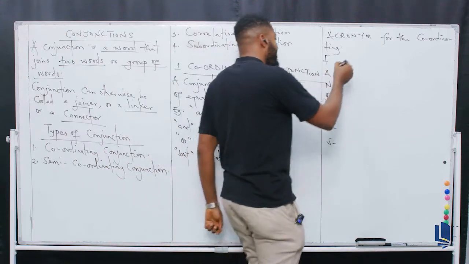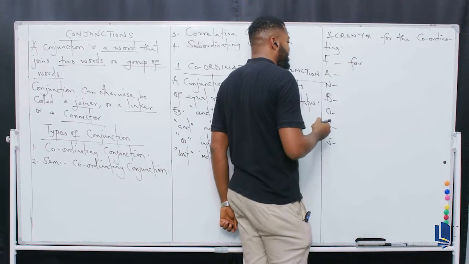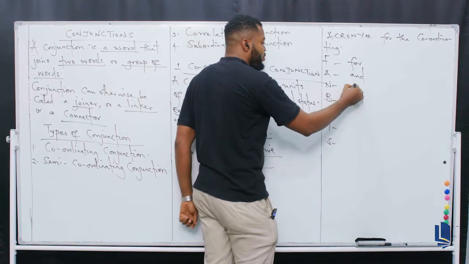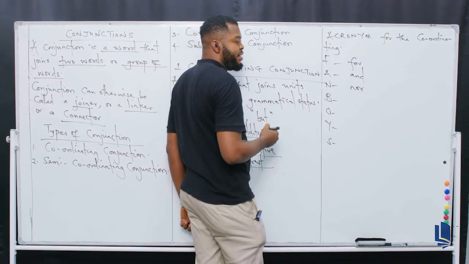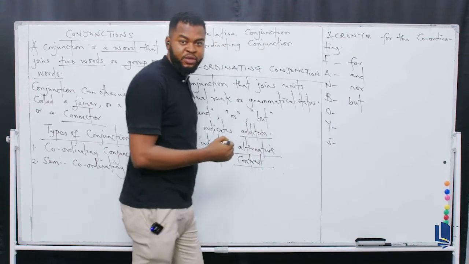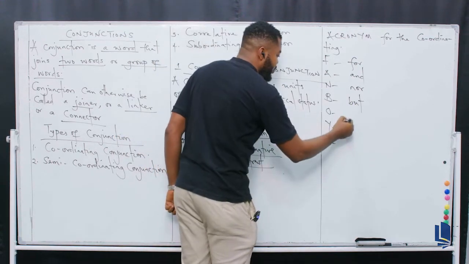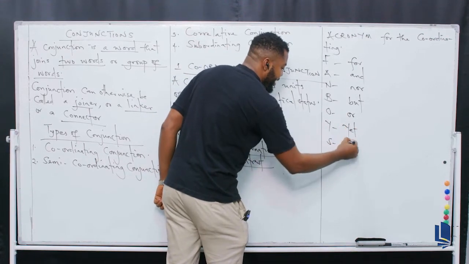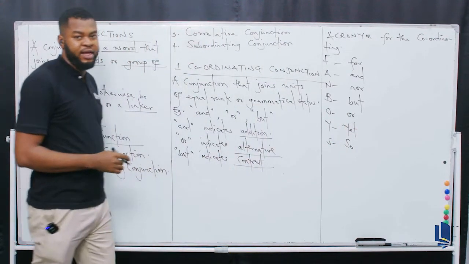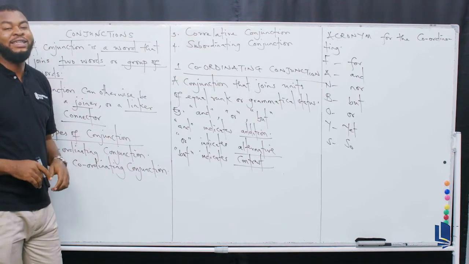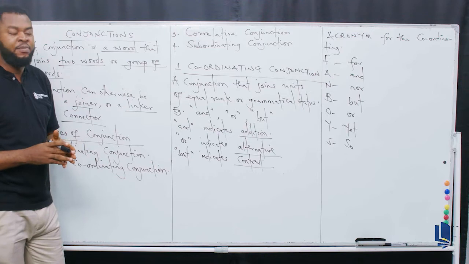Remember, F represents FOR, that's for. A is what? AND, that's and. N represents what? NOR, that's nor. B represents what? BUT, that's but. Don't forget. Then O represents what? That's or. Then Y represents what? Yet. And S represents so. Take a look at that as the full form of the coordinating conjunction, mostly represented by the acronym FANBOYS.